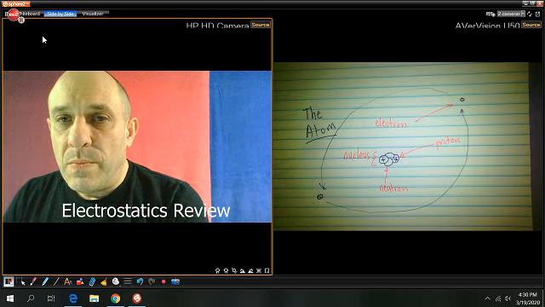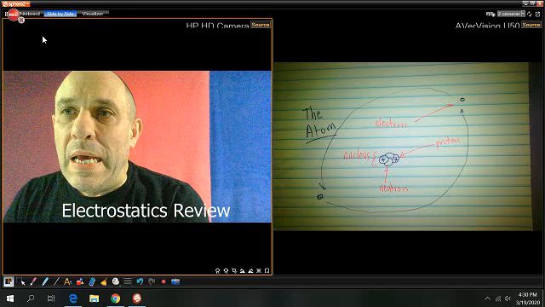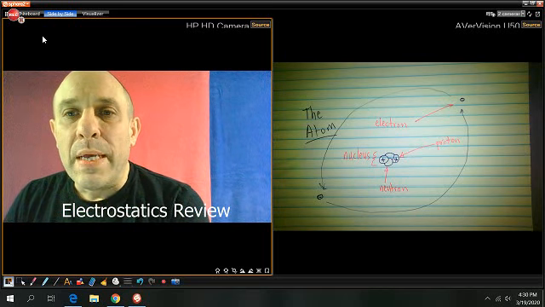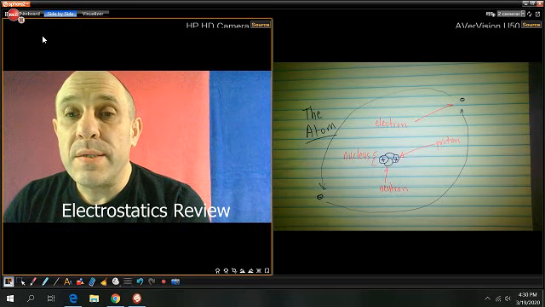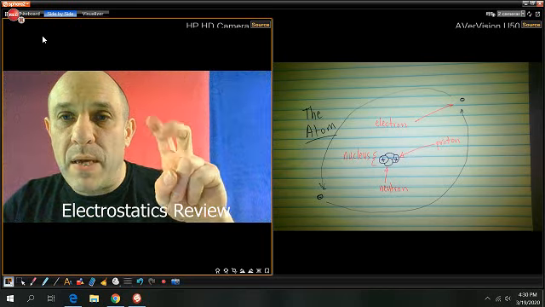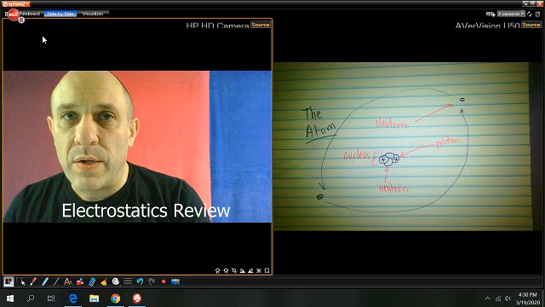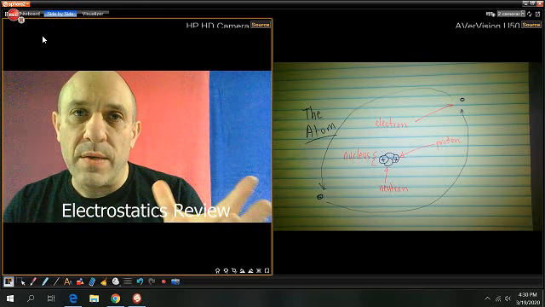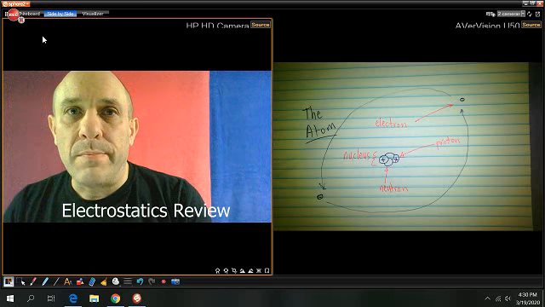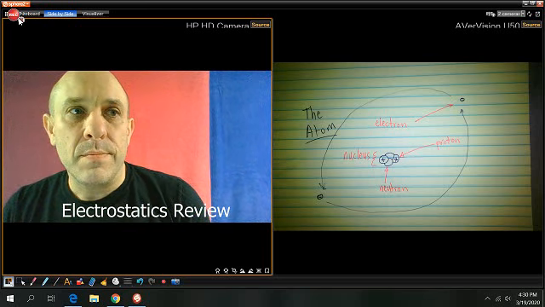Okay? And what an atom is going to tend to do is seek neutrality. So if there are two protons in the nucleus, it's going to be happy when there are two electrons orbiting it. Then the thing is overall neutral. It has an overall neutral charge.